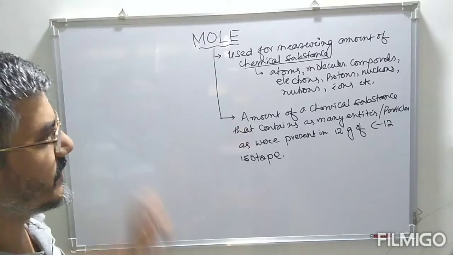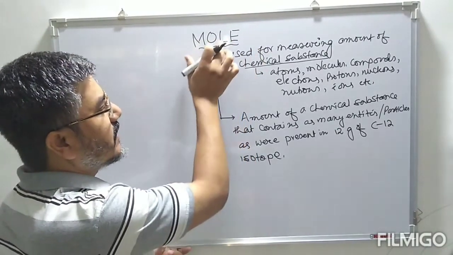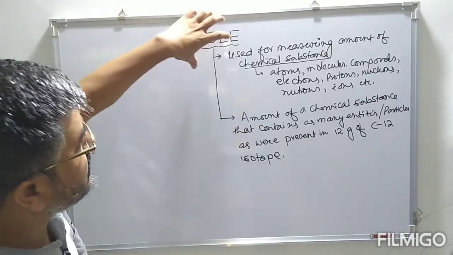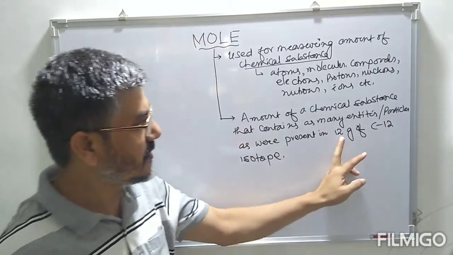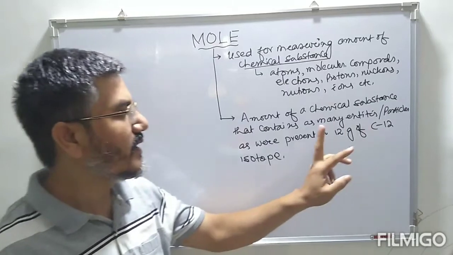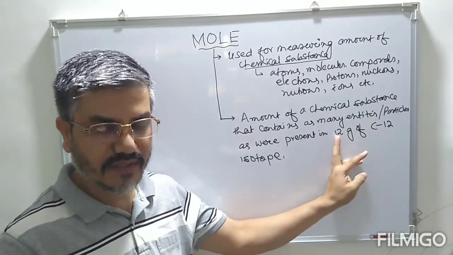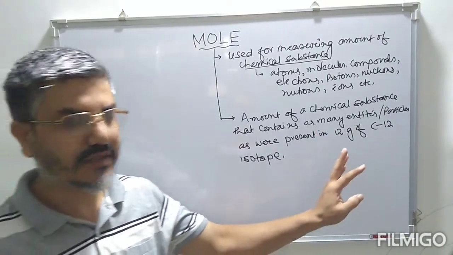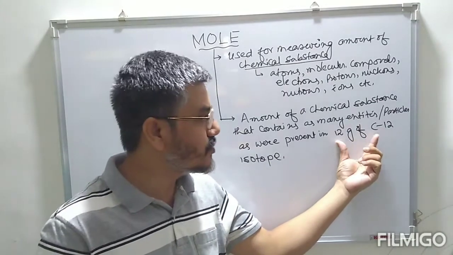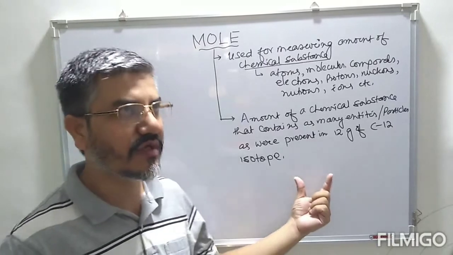So mole is a unit for measuring the amount of chemical substance, and it has a relationship with the atomic mass scale, that is the carbon 12 scale. When the mass of carbon 12 was measured to be 12 gram, that is gram atomic mass of carbon, by mass spectrometer, these 12 gram were found to contain 1 Avogadro number of atoms.